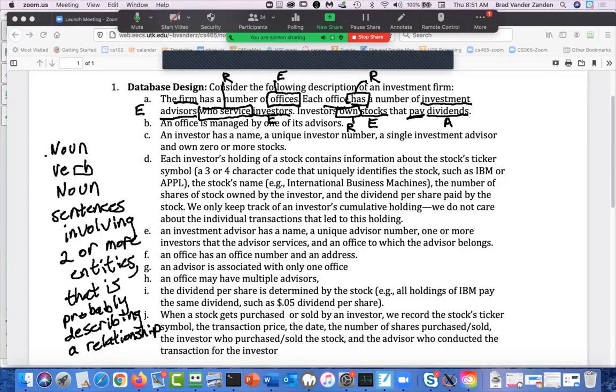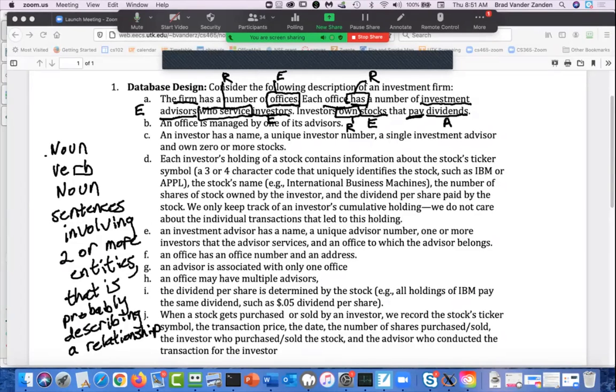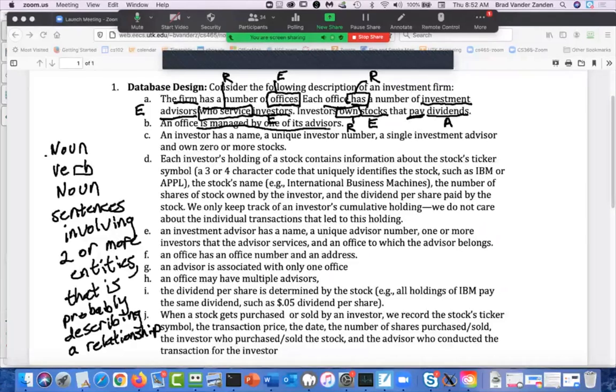Okay, so far we've identified three relationships, it seems: between an office and investment advisors, between advisors and investors, and between investors and stocks. Now, B gives us one more relationship. It says an office is managed by one of its advisors.